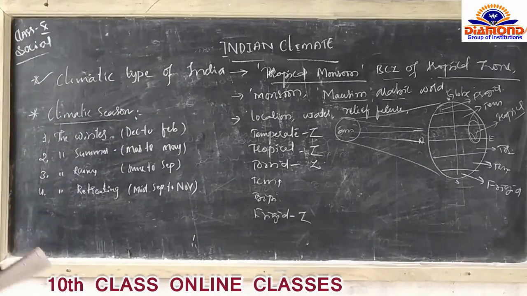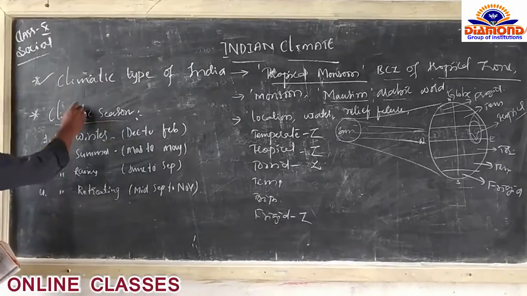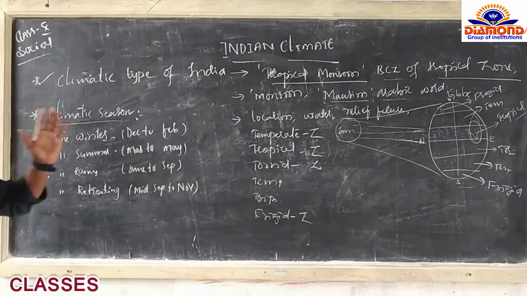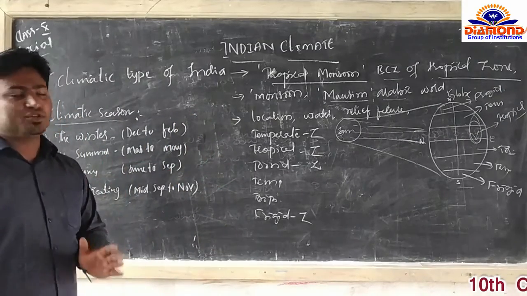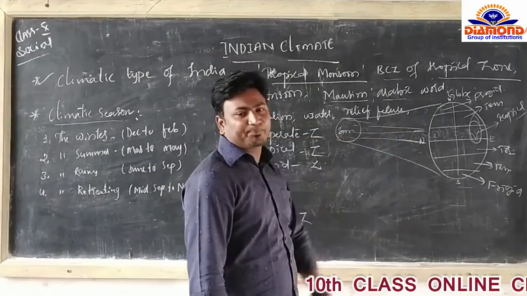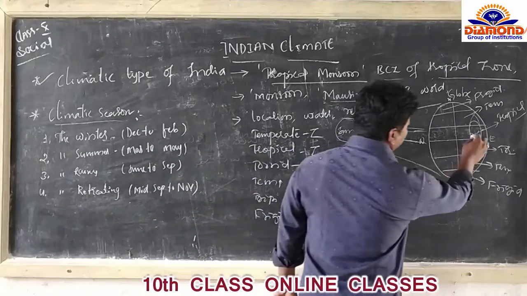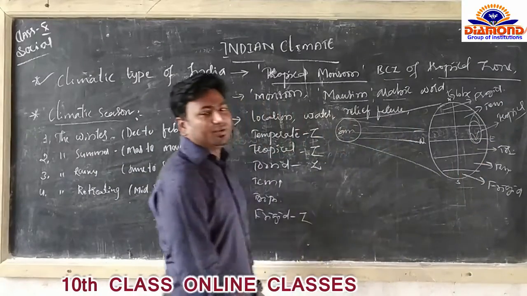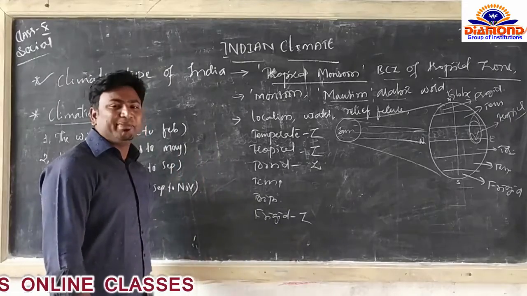Now we see the second thing, the climatic seasons. Hope you understand that the types of climate depend on settlement, water bodies, and relief features in the surrounding area. Why does India have this climate? Because there is water on three sides: the Arabian Sea, the Indian Ocean, and the Bay of Bengal.